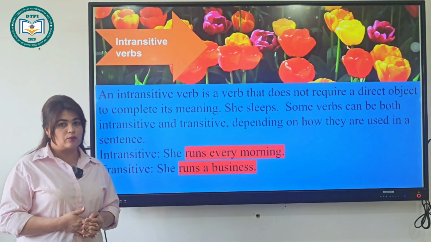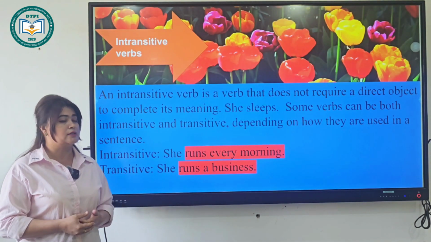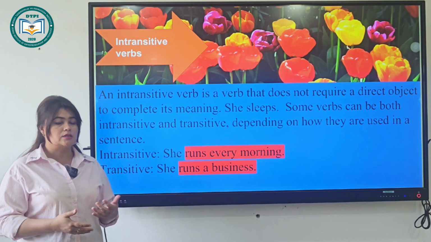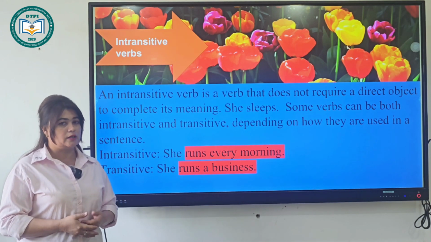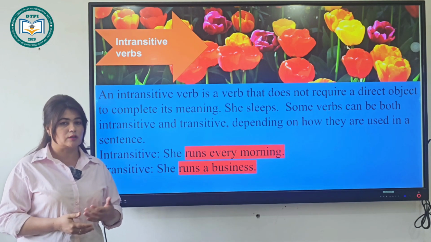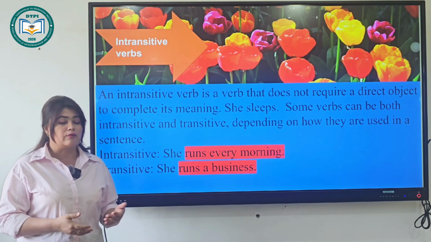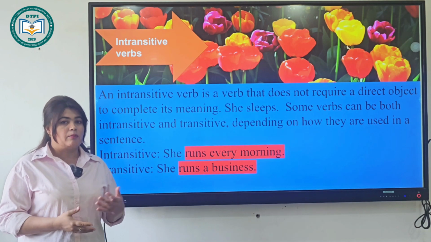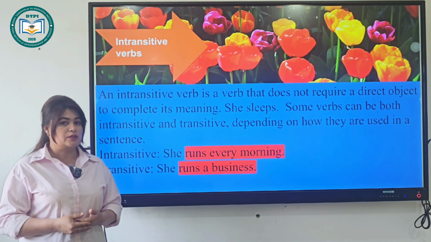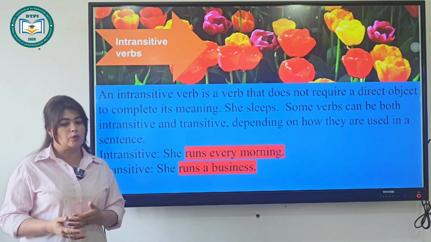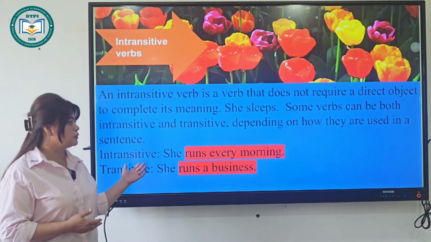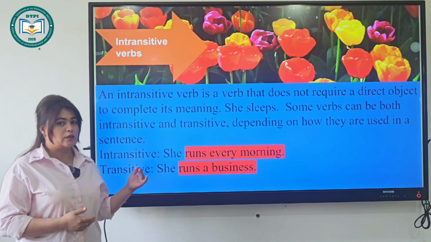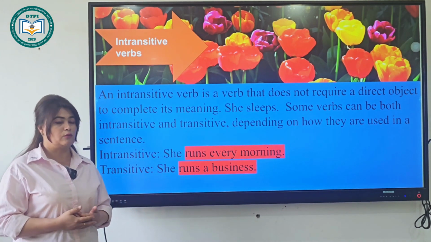And the next type of verb is called an intransitive verb. An intransitive verb is a verb that does not require any direct object after it to complete its meaning. For example, she sleeps. But in a language, some verbs can be used as both transitive and intransitive verbs. For example, the verb to run can be used as an intransitive and transitive verb.